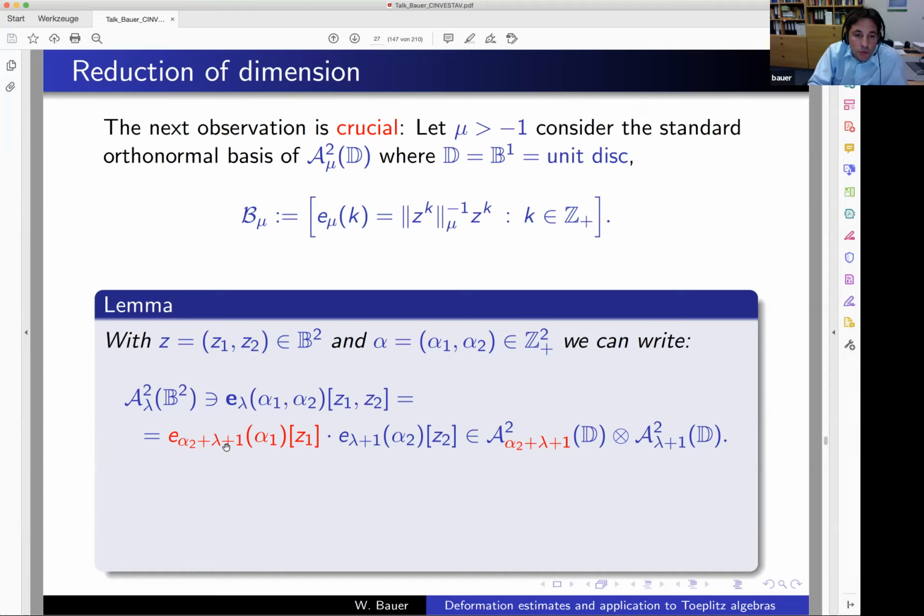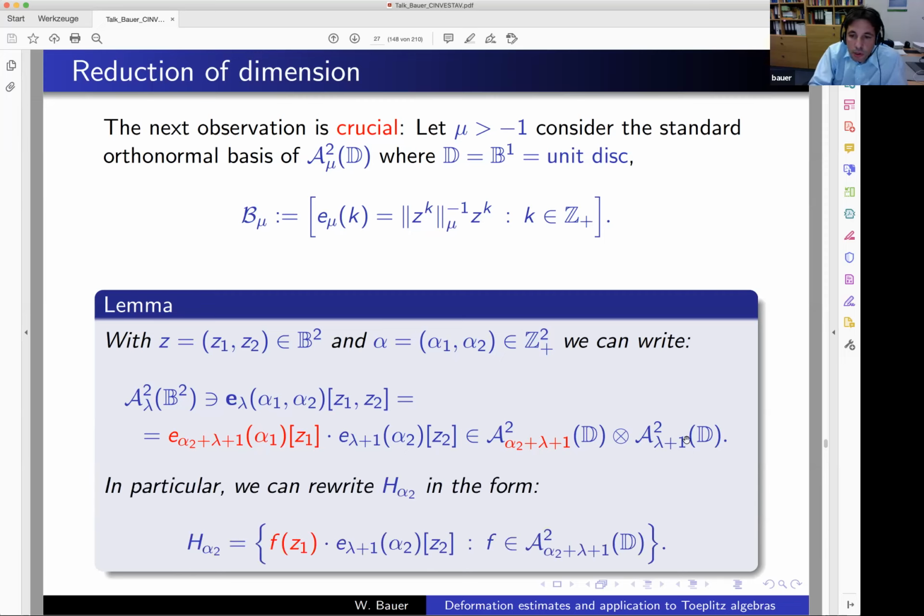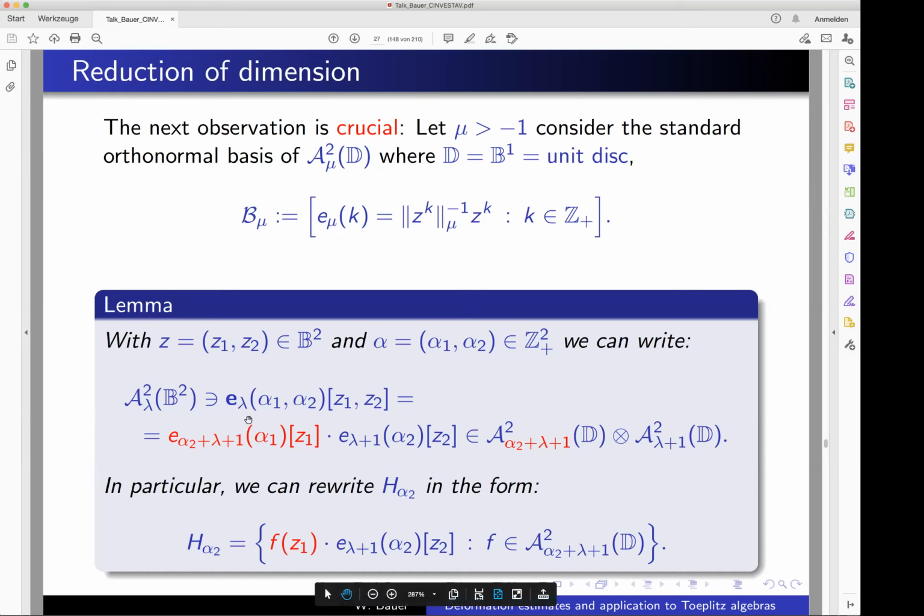Here is the weight alpha 2 plus lambda plus 1, and here we have the weight lambda plus 1. So it's an element in the tensor product, if you want, of these 2 Bergman spaces over the lower dimensional domain. And since alpha 2 is fixed, if you take a linear span of all of this, we can write the space H alpha 2 in the form f of Z1 times a fixed function. So f is a function in the Bergman space over the unit disk in just one variable, corresponding to this weight alpha 2 plus lambda plus 1.